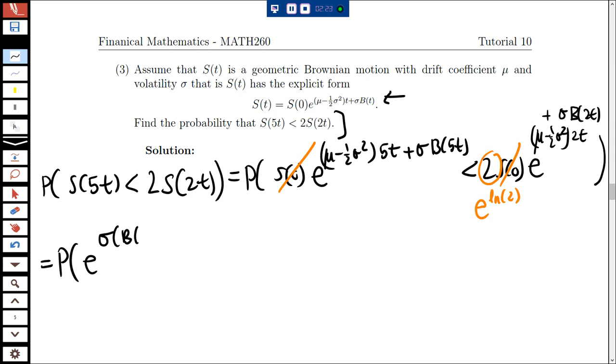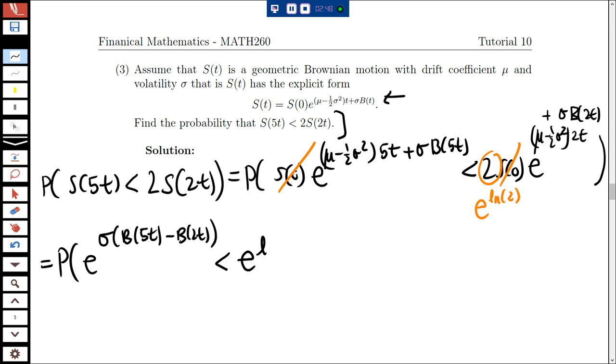That's a 5. I'm going to keep all the B of t's and the sigmas on the one side. Okay, yeah, that's fine. I can divide through. And then on the other side, I'm going to collect all the mu's and the sigmas.